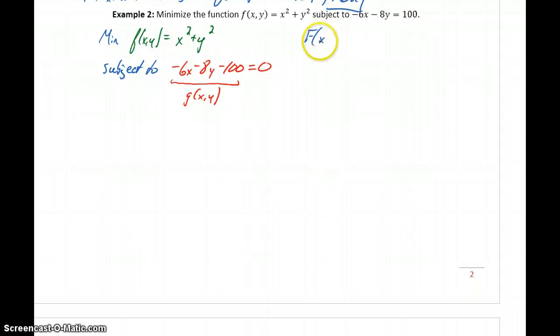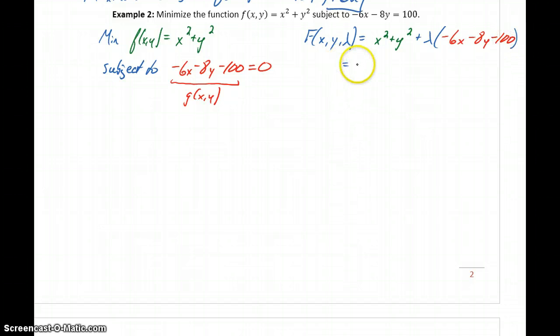So we form our new function, capital F, which will be equal to the objective function plus lambda times the constraint function. And then we'll distribute lambda through to get a simplified expression here. So x squared plus y squared minus 6 lambda x minus 8 lambda y minus 100 lambda.